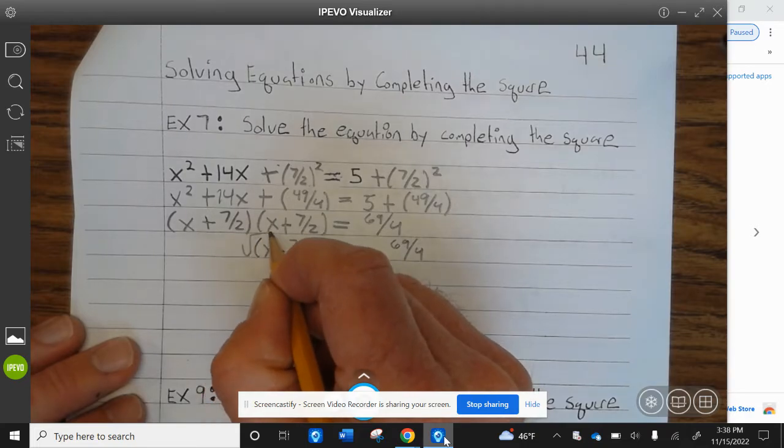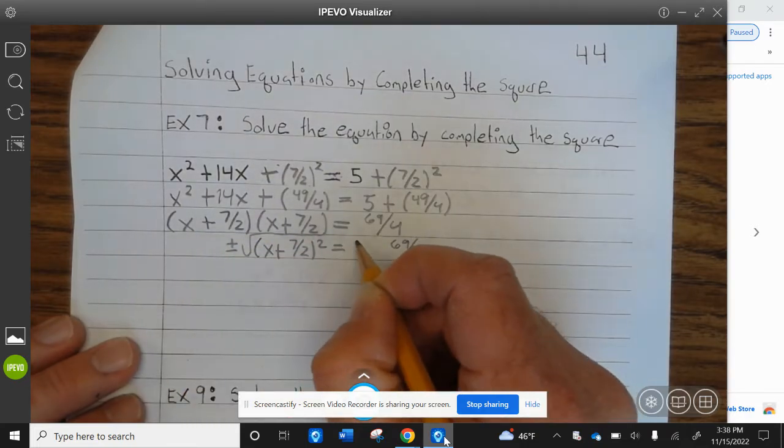We're going to take the square root, plus or minus, of both sides.